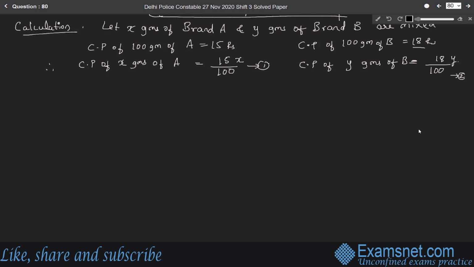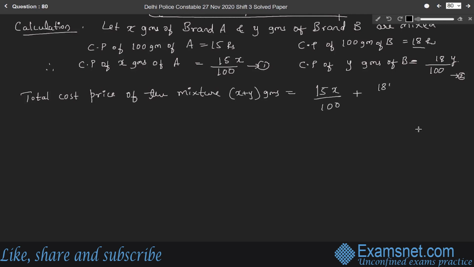Now the total cost price of X plus Y grams, that is the mixture, is equal to, substituting the values, 15X by 100 for brand A and 18Y by 100 for brand B. Right?